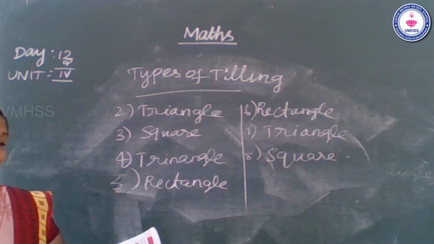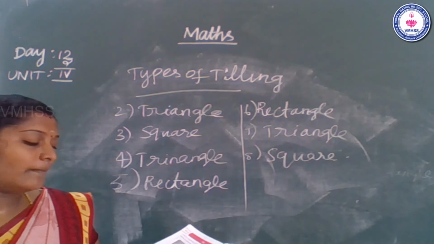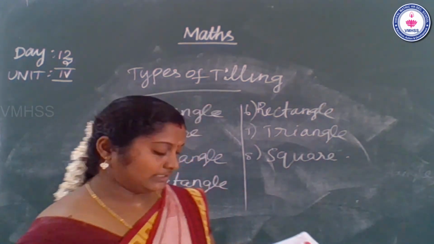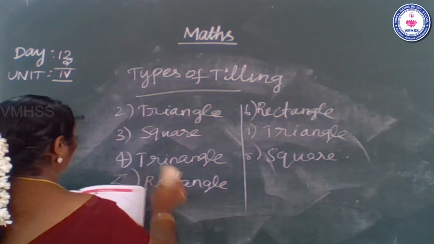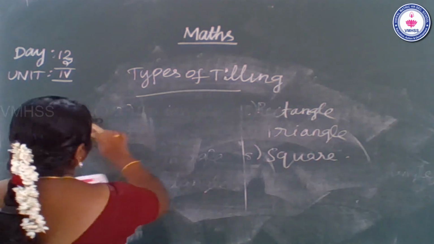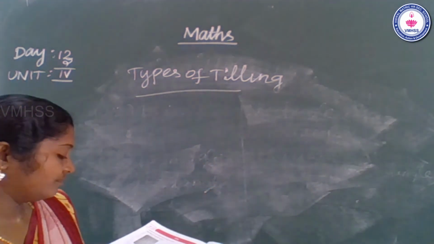Next one, tilling triangles. First one is homework for you: complete the tilling patterns by adding more triangles. Second one, worksheet number 24. Students, take page number 99, worksheet number 24.